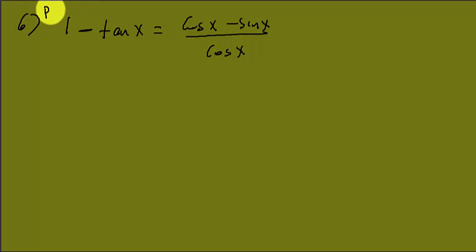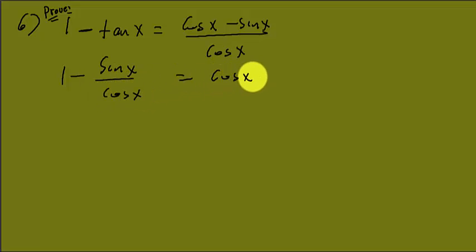I'm going to prove that's true. So I'm going to rewrite the left hand side as 1 minus sine of x over cosine of x. That is equal to cosine of x minus sine of x, all that over cosine of x.